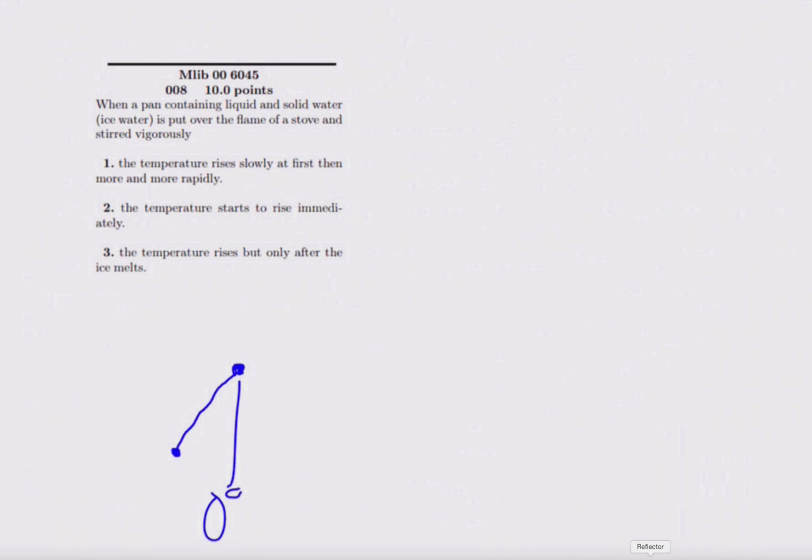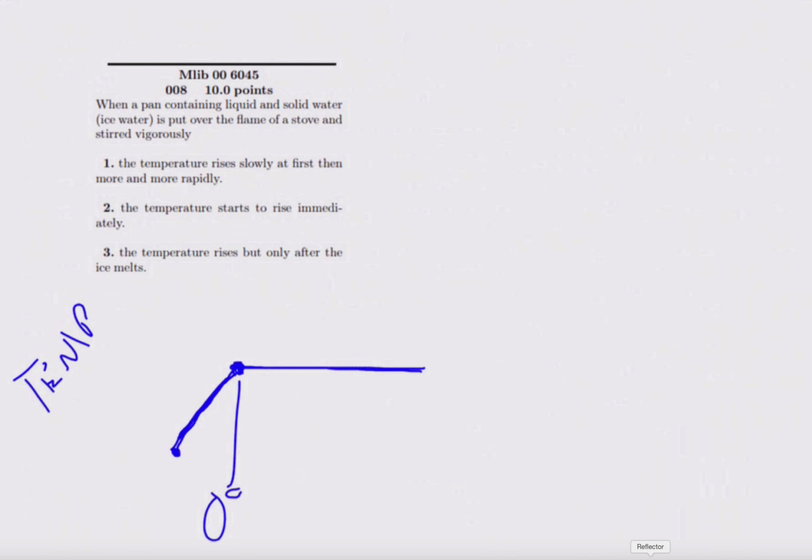the temperature levels off. The temperature is over here on this axis as we're doing it. So the temperature increases in the solid state until you reach the melting point. Once you reach the melting point, the temperature levels off because all of the energy going into the ice is going into melting the ice.